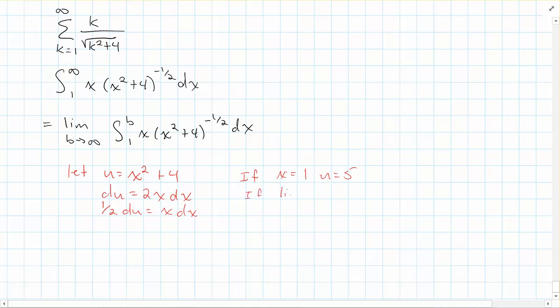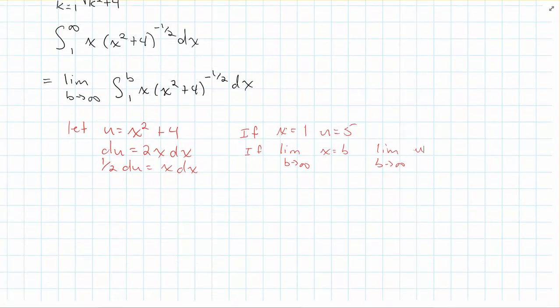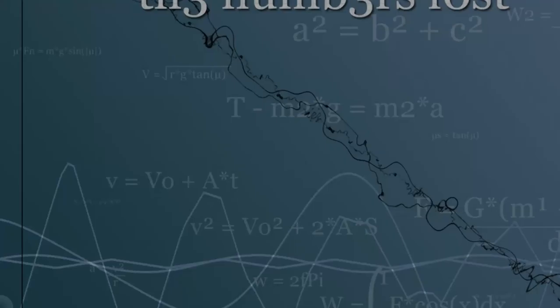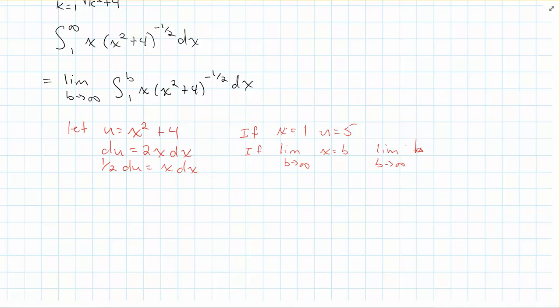and if x equals b, then this would still be the limit as b goes to infinity, because I'm still going to infinity, so I can just say u equals b.